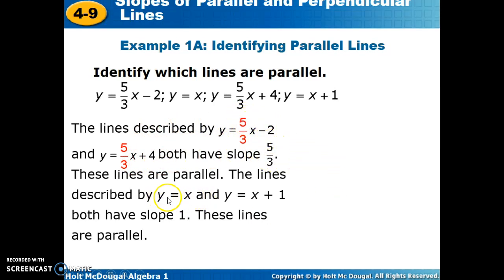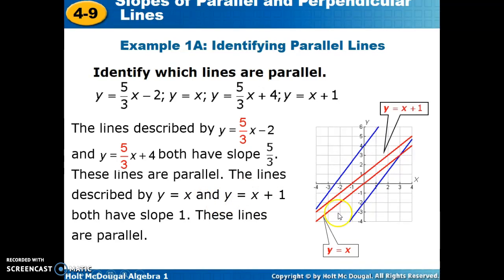And the two lines with a single x, when y is isolated, they each have a slope of 1. These lines are parallel as well. So they've graphed these lines for you, and we can see visually that the two lines in red have a slope of 1, and the two lines in blue have a slope of 5/3.